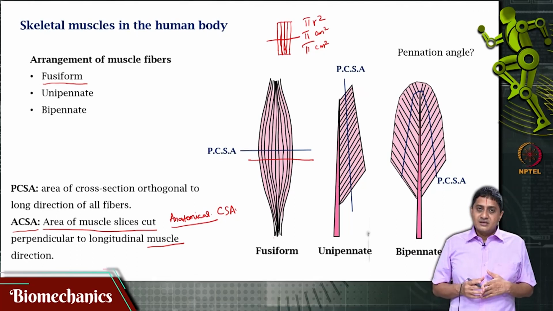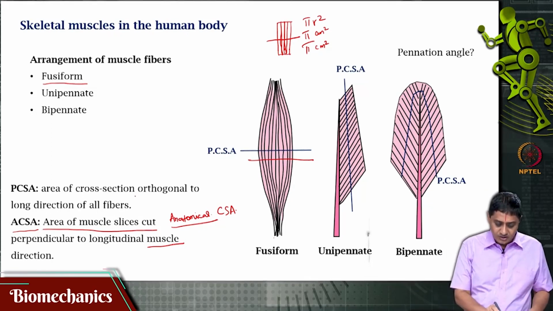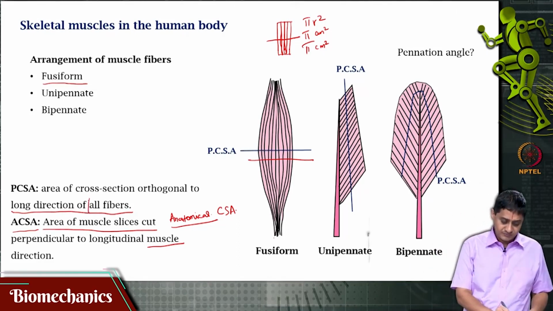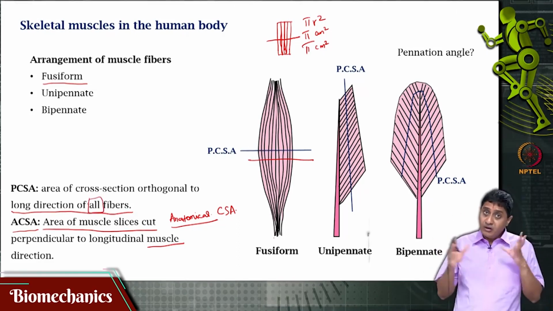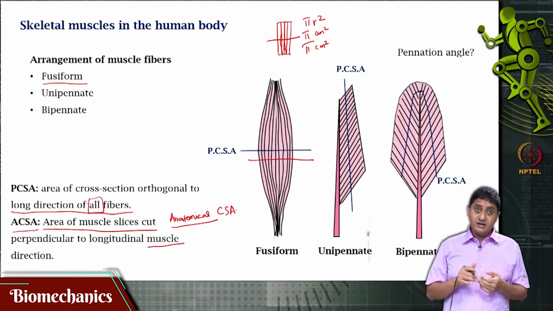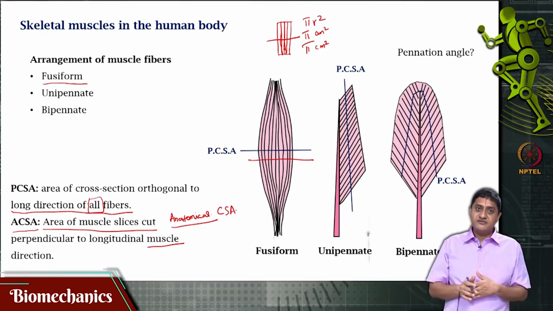Now, if I take a cross section that is orthogonal to the long direction of all the fibers, the key word is all, of all the fibers, then that means I will have to find how each of the fibers or any sets of fibers are going and find a cross sectional area and sum.